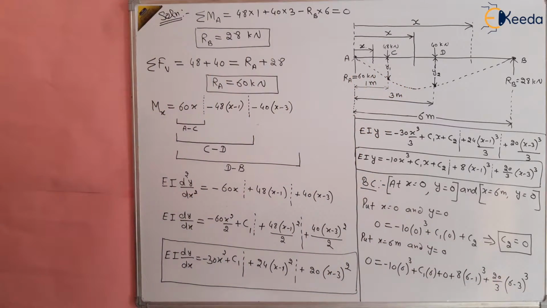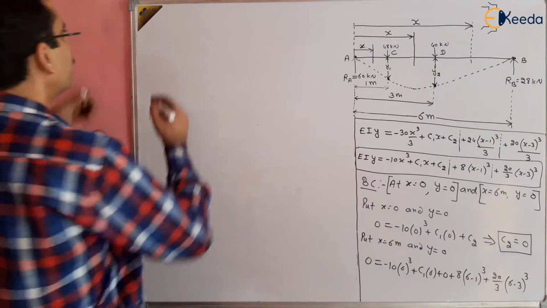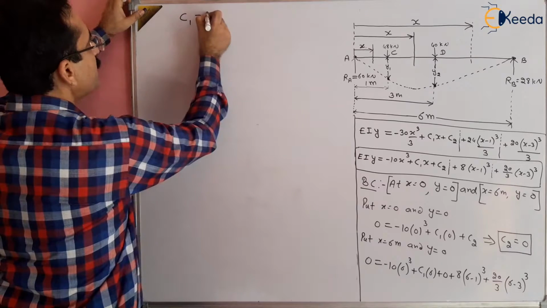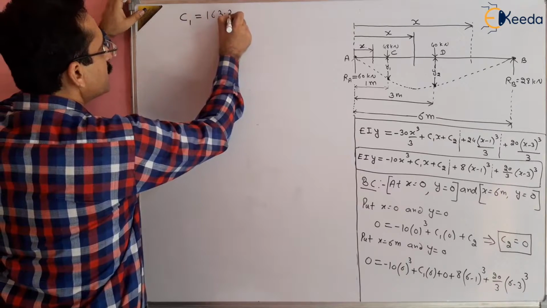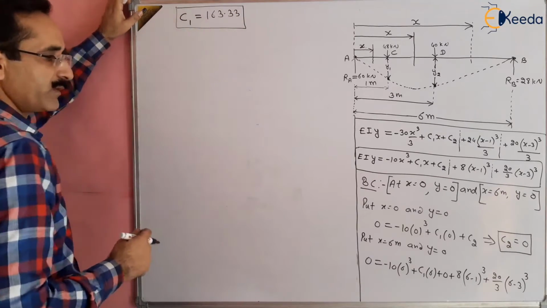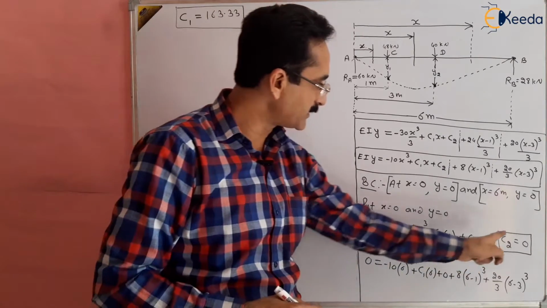So what is the value of C1 now? Solving it, you will get C1 as 163.33. This is the value of C1. So now we are able to find out the values of C1 and C2 both.